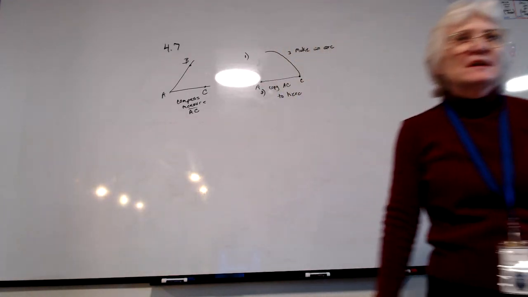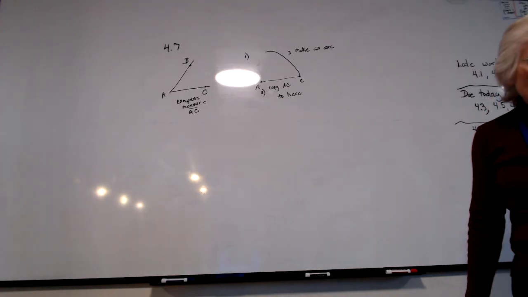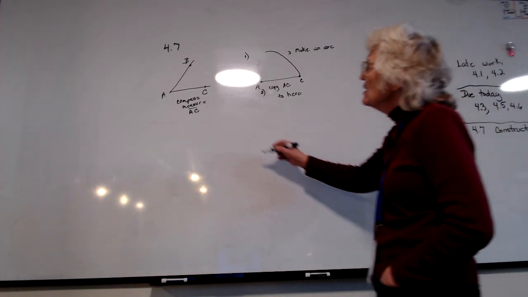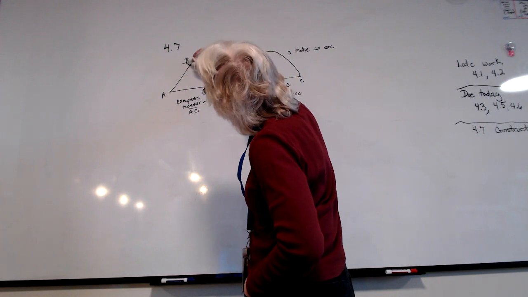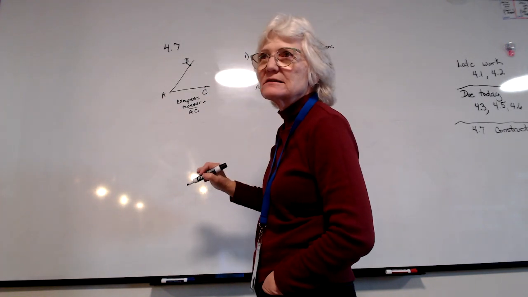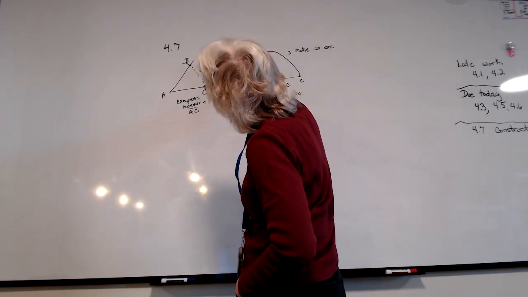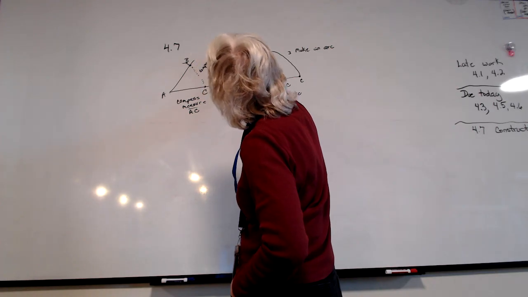With that, what you're going to do is on this graph, you're going to measure from B to C. So we want to measure the distance here with the compass.